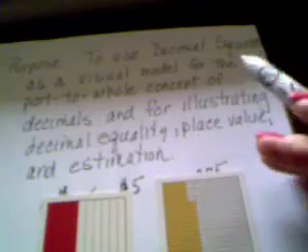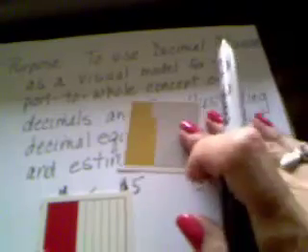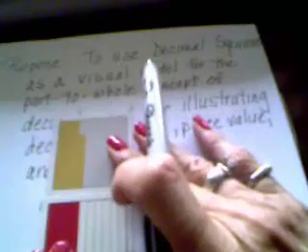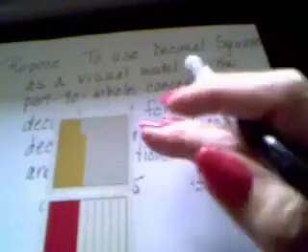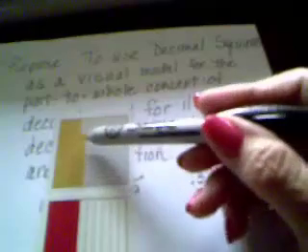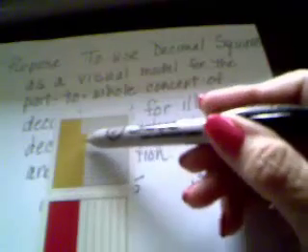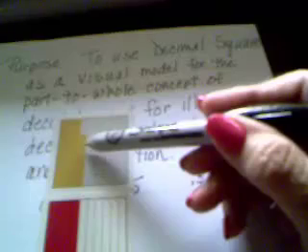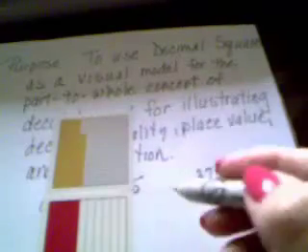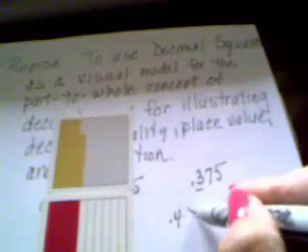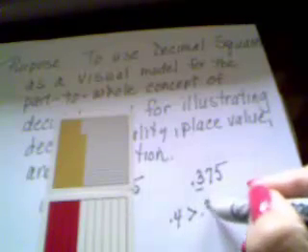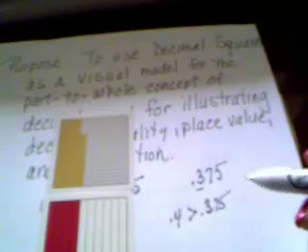So we have 375 thousandths. Now when I compare that to 4/10, I can see that that is smaller. So I would have to say 4/10 is greater than 375 thousandths.